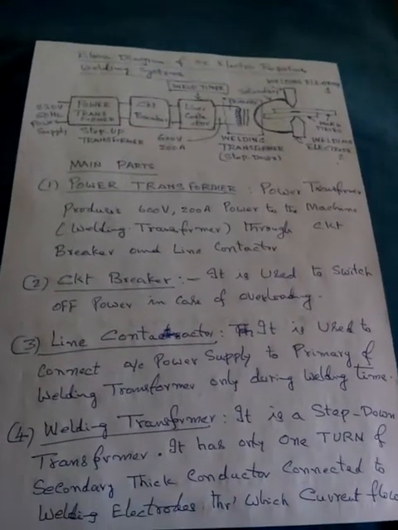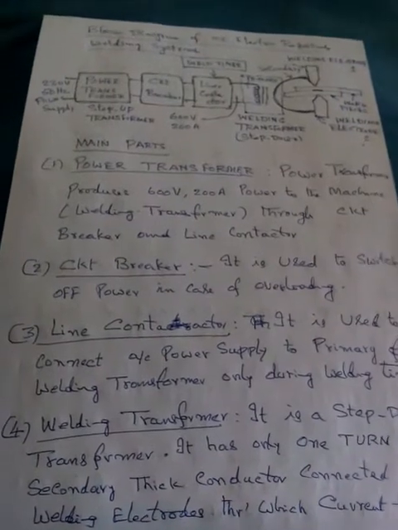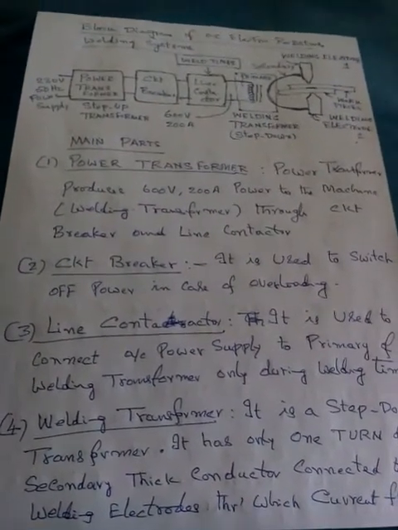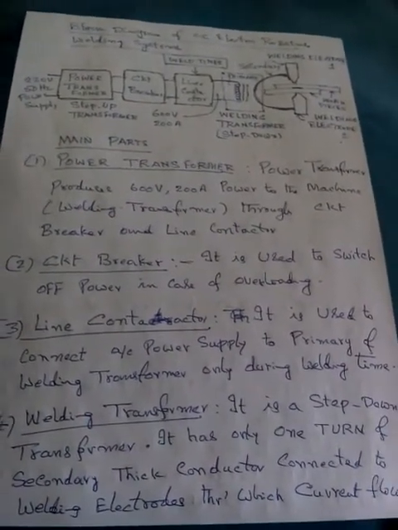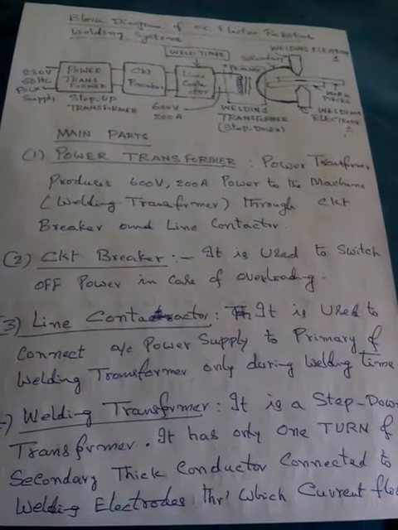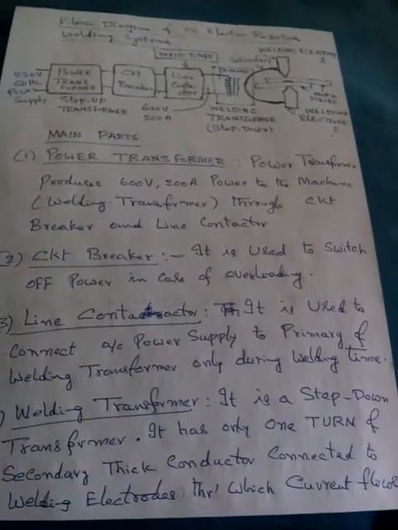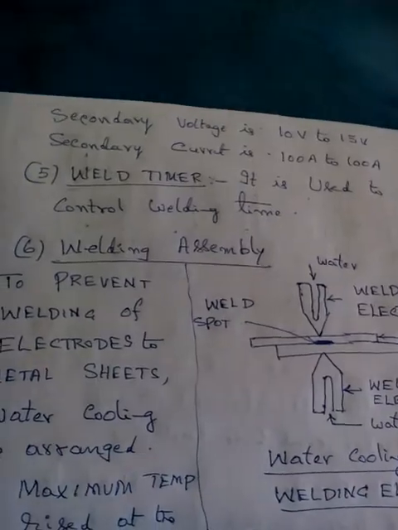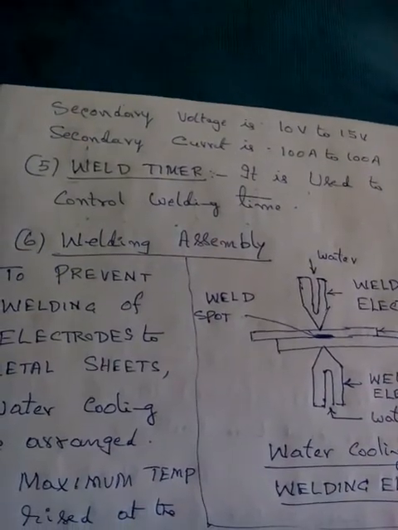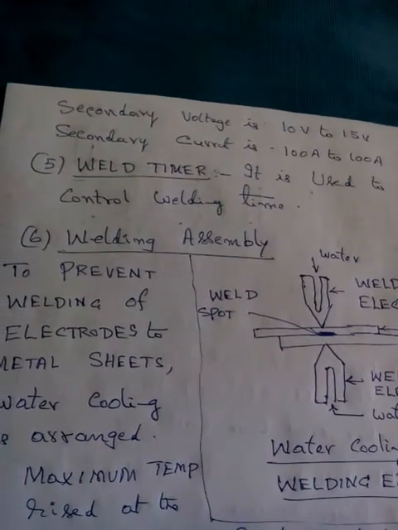Number 4, welding transformer. It is a step down transformer. It has only one turn of secondary thick conductor connected to welding electrodes 1 and 2, through which current flows. The secondary voltage of welding transformer is 10 volts to 15 volts.